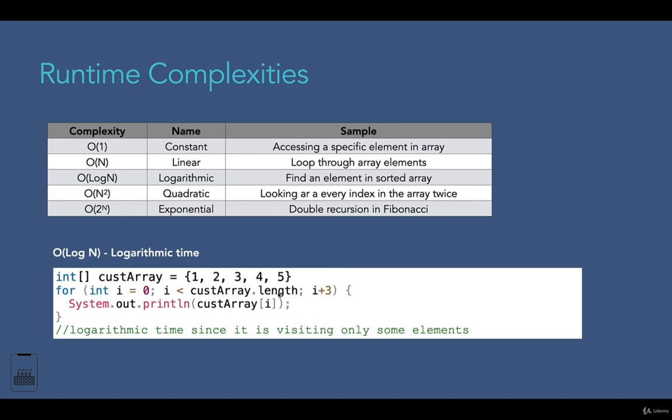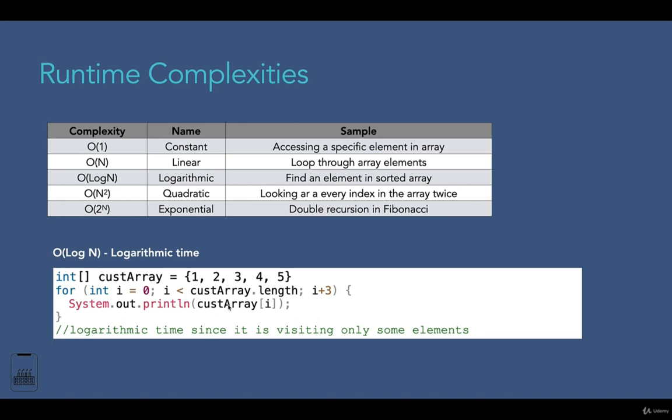It should also be noted that since our function does not pass through all indices of the array, it will not be linear time. By using the loop over here, we start from the first element, which is the index of 0, and we loop until we reach the length of the array. But here, we are visiting every third element, not all of them. So that's why the time complexity in this case is going to be logarithmic time complexity.